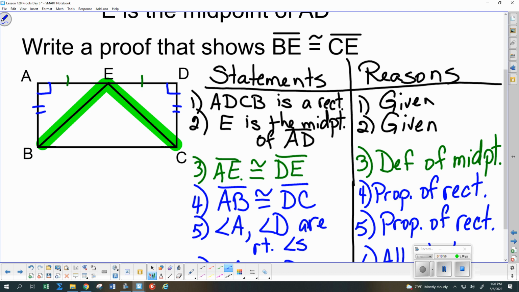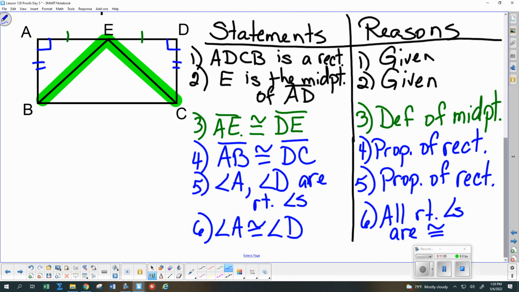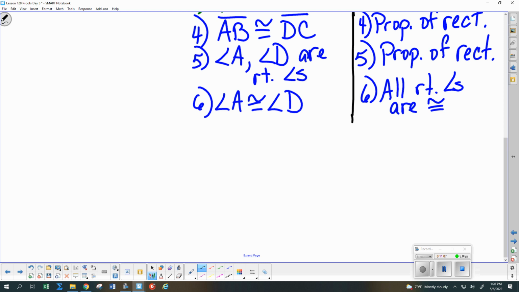Do we have enough marked on there now? And what's our reason again? SAS. So now we add to our proof SAS, that our triangles are congruent.